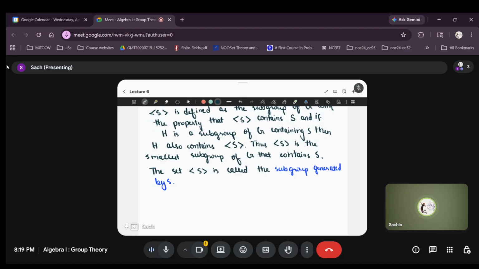So it should contain 1 plus 5, also 5 plus 7, and 1 plus 7. And the multiples of all those elements. Then the sum of those again.